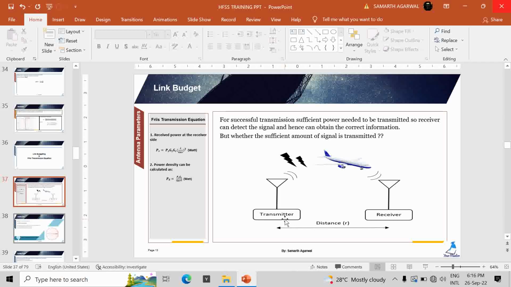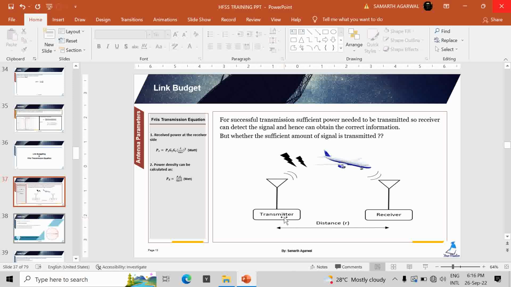Okay, so for this only, link budgeting will be done. Now the Friis transmission equation is also there, which gives the received power at the receiver side, meaning the minimum received power required at the receiver side.